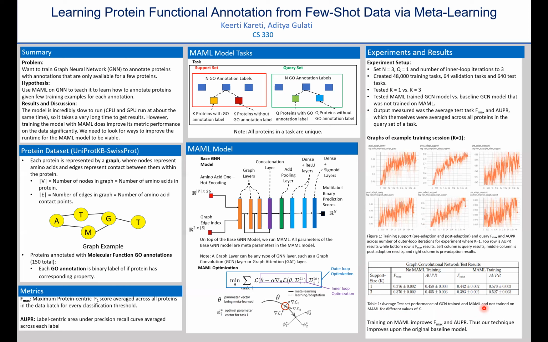Our model was successful, but the problem is that MAML training ends up being extremely slow to run, and it takes a very long time for us to get results. So while MAML training was successful, we need to look for ways to improve the runtime of our MAML model in order to make it viable and useful. Thank you so much for watching our presentation. Bye.